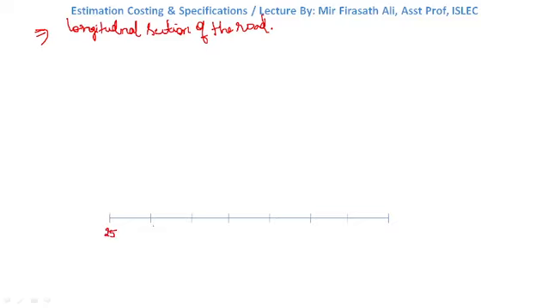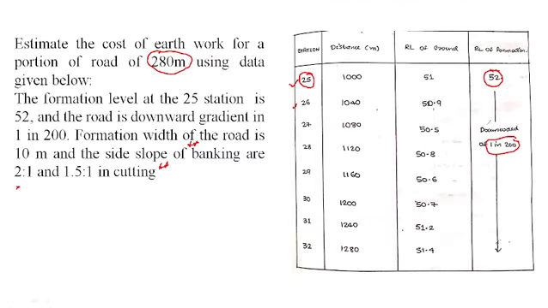This is our 25th station. This is 26, 27, 28, 29, 30, 31 and 32. The names of our stations were from 25 to 32, and we have written this.